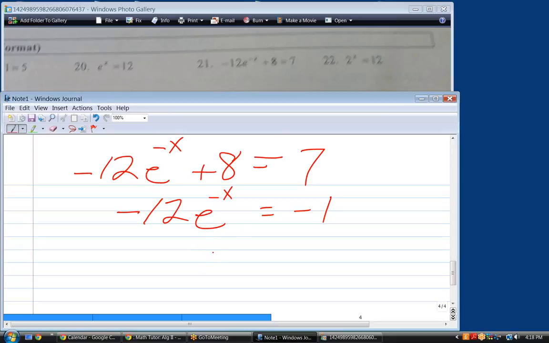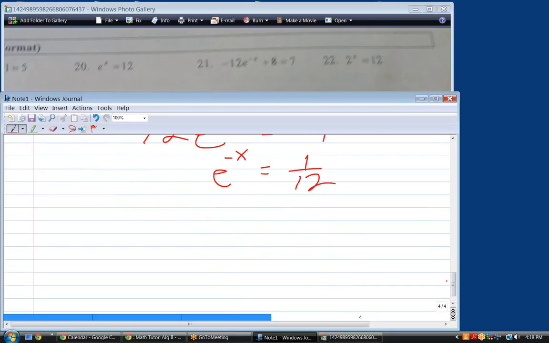So e to the negative x equals 1/12. Okay. And then take the natural log of both sides, which is negative x equals the natural log of 1/12.